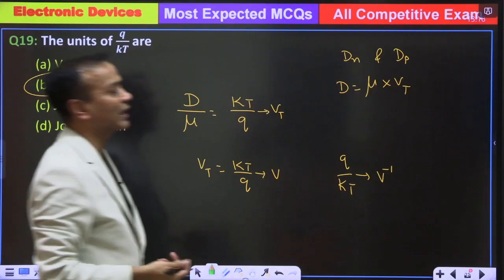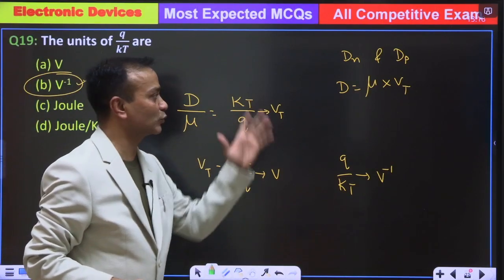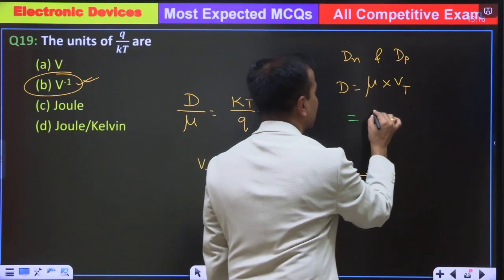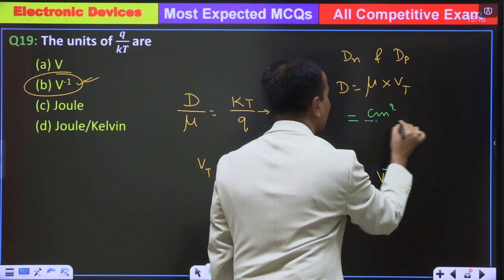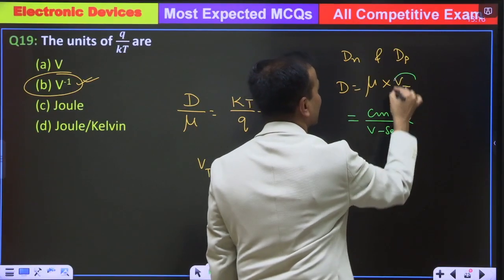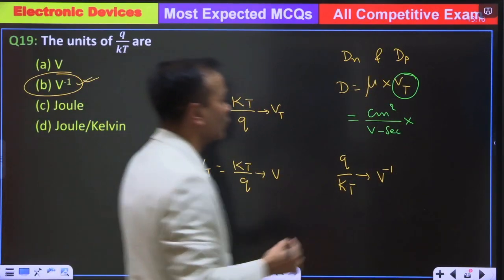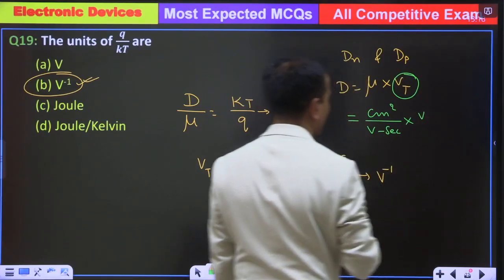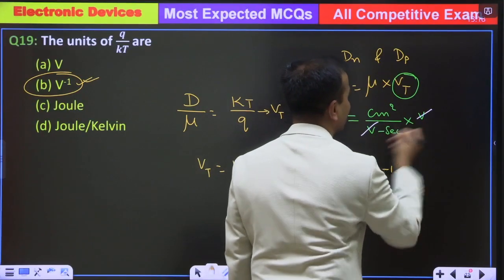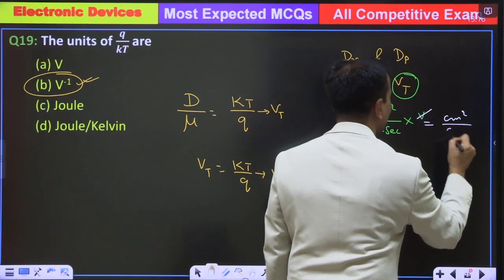I am writing it in general. For the mobility we had seen the unit is centimeter square per volt per second. And the unit for this thermal equivalent voltage is volt. So now here, this V and V get cancelled. So this gives the unit of centimeter square per second.